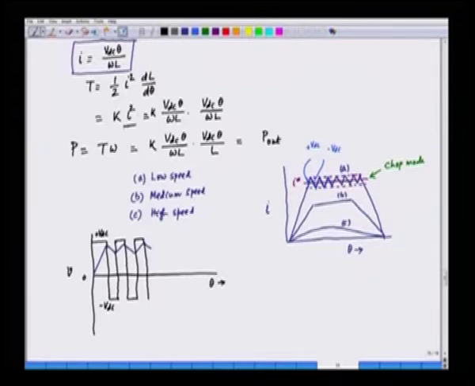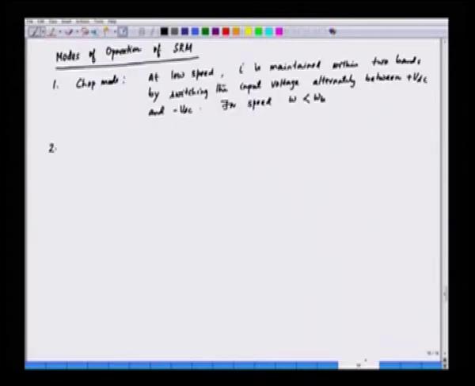So, this I is kept constant by controlling this current within two bands, and hence below base speed we employ the chop mode, and that is also called constant current mode, also known as constant torque mode.